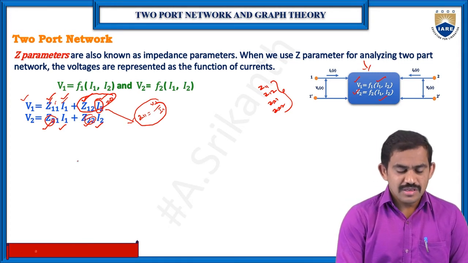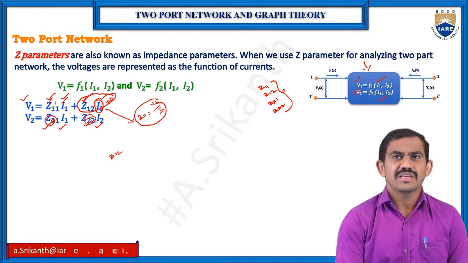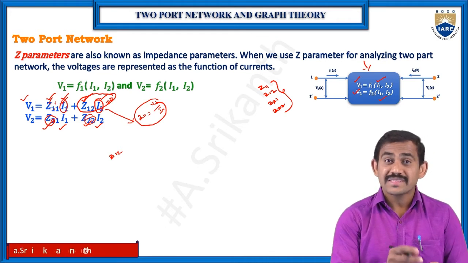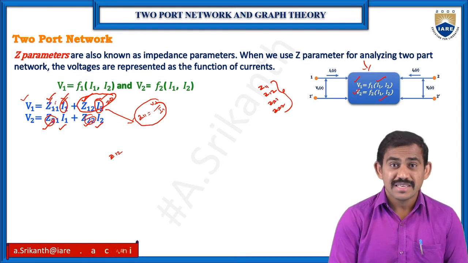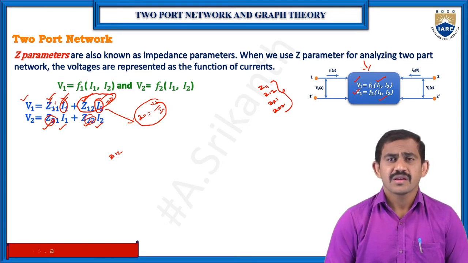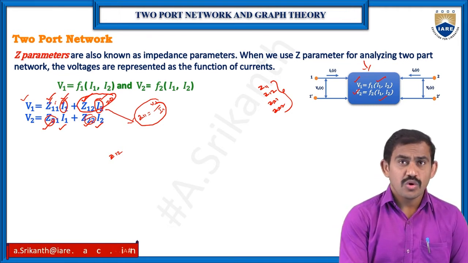Okay. Now suppose I want Z12 from the same equation. So if I1 is 0, it means the primary side is open. If the primary side is open, the current is always 0, since an open circuit current is 0. Now I1 is 0, so Z11 into I1 is 0.